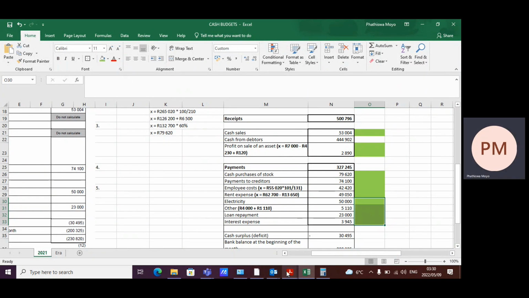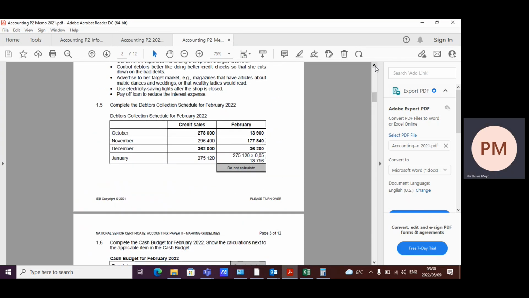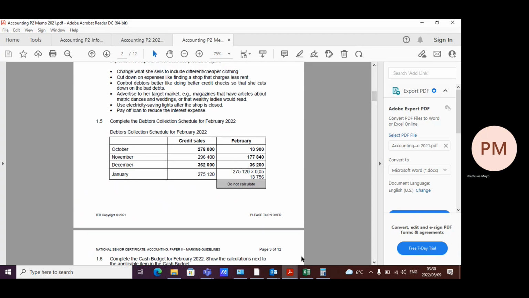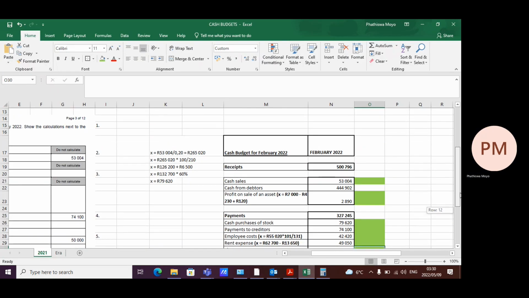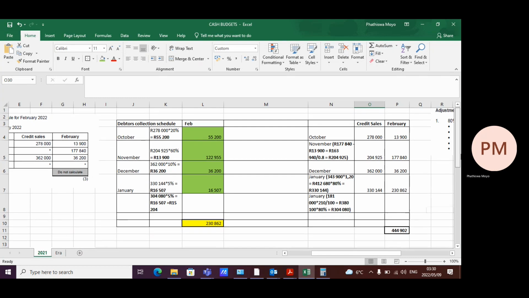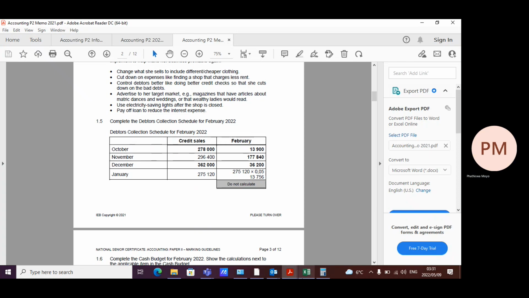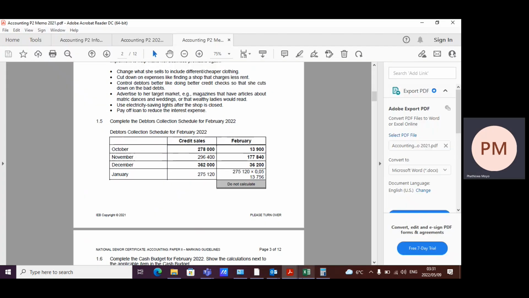Now let's check our data schedule. So November, our figures are incorrect.